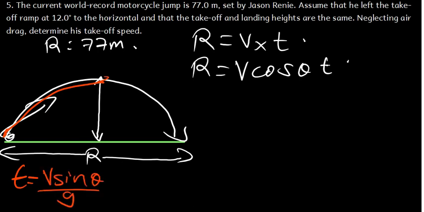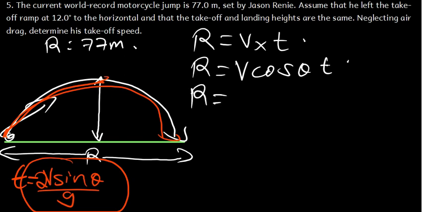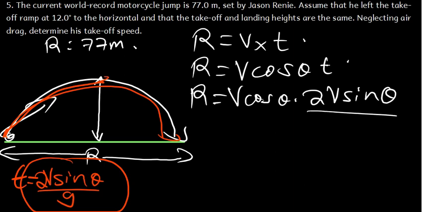But since we want the time from this point all the way until it reaches down here, we need to multiply by 2. So this is going to be our formula for the time it was in air. Now I'm going to replace this time there to say range will be equal to v cos theta times 2 v sine theta, divided by g.